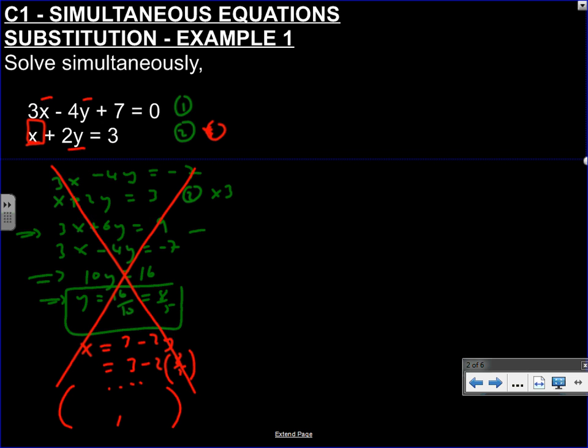So what we can do, we can substitute that x into this one. So we have 3x minus 4y plus 7 equals 0. We can then substitute this x in by rearranging, because we know that x equals 3 minus 2y at the point of intersection of these two curves.